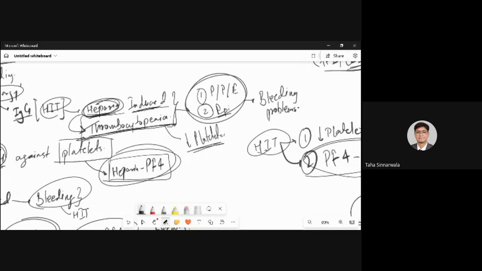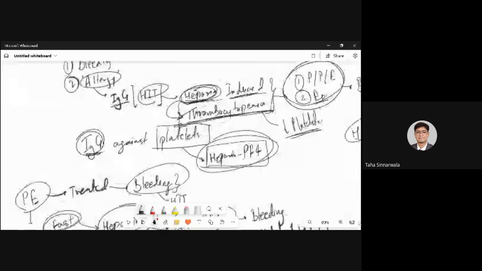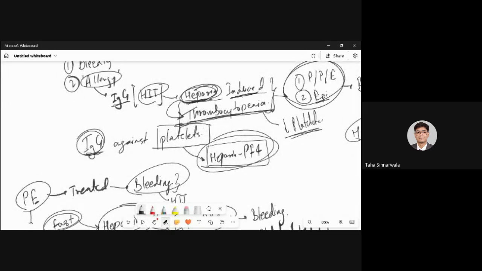Now, why did this actually happen? This happened because your body produced antibodies, which are IgG antibodies, against platelets. Now, the specific antigen that the body produced these immunoglobulins against was actually heparin and platelet factor 4.